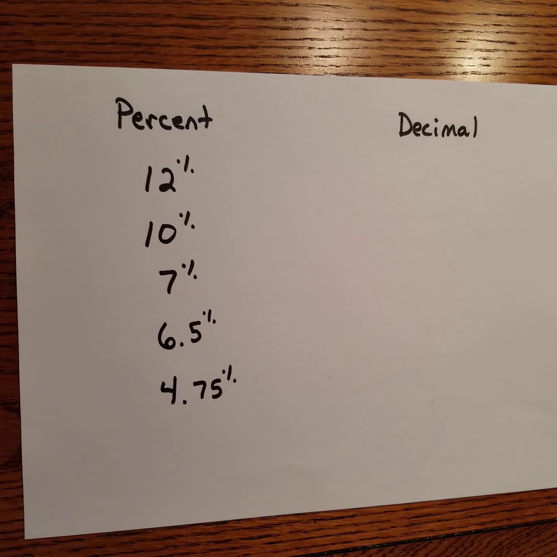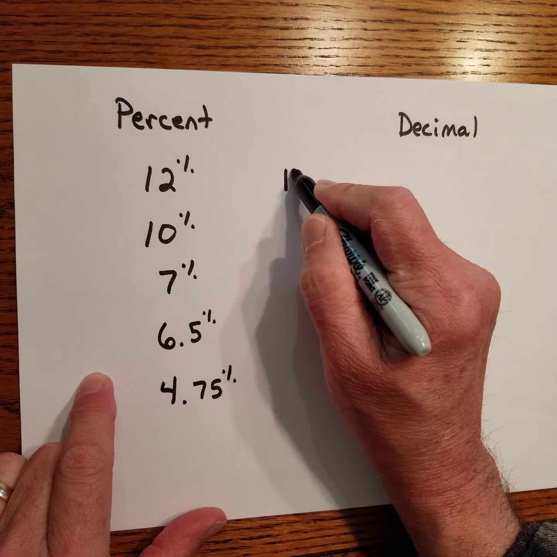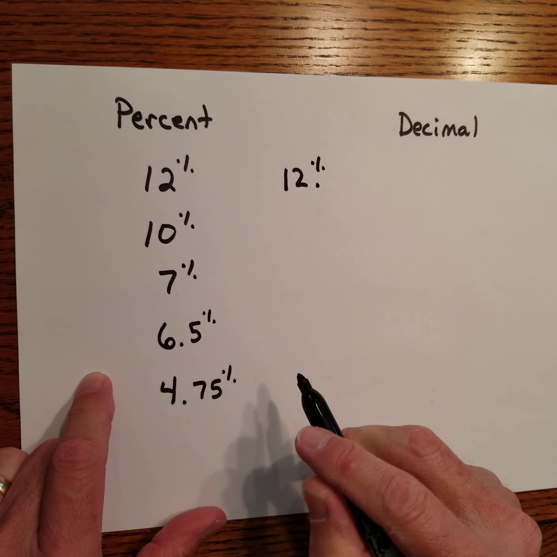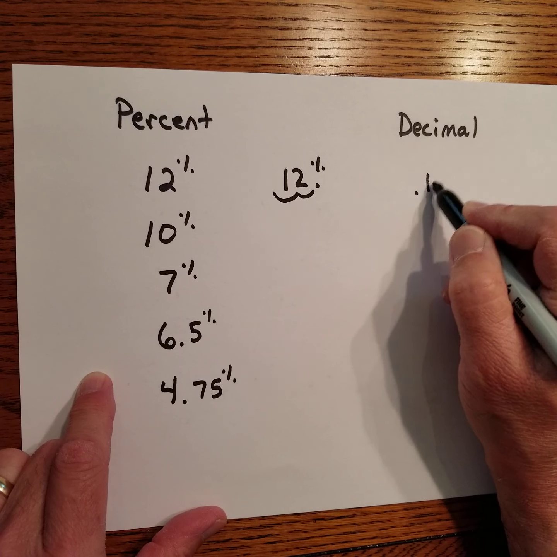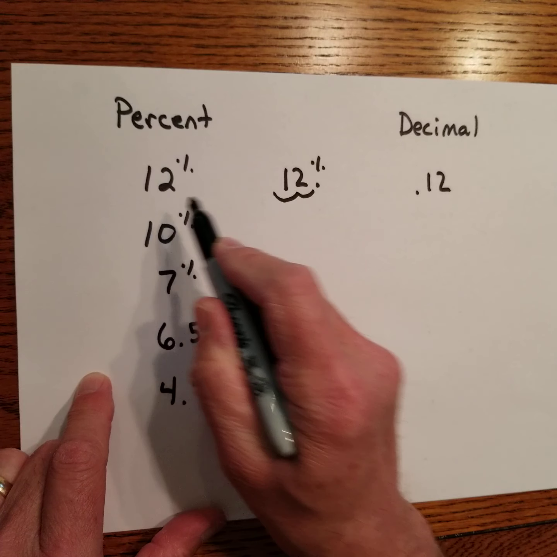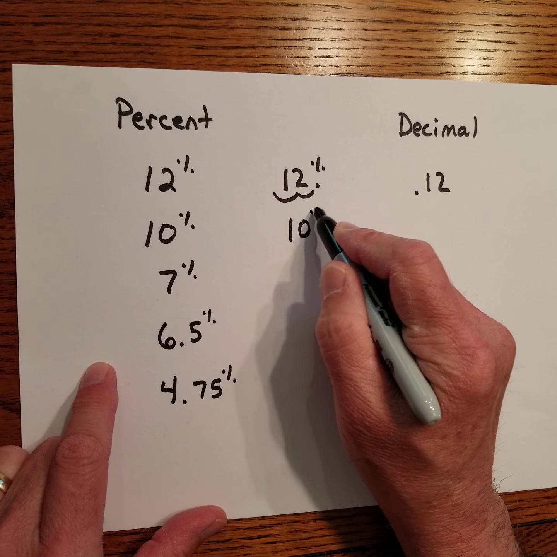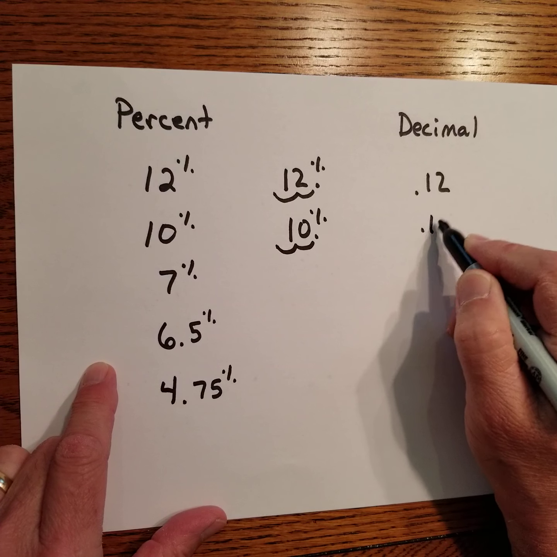Before we work an interest problem on our own, let's practice our percent to decimal conversions. If I want to change 12% into a decimal, I know that the decimal point starts here, and then I move it 2 places to the left. 12% is 0.12. 10% becomes 0.10.